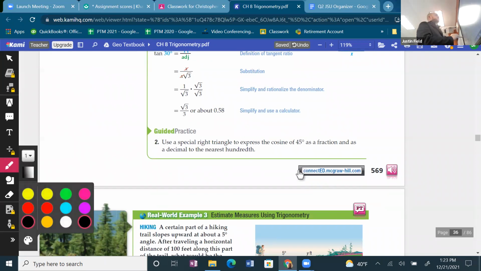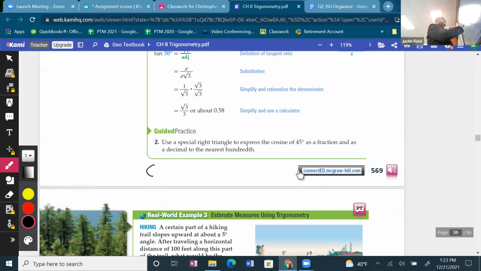Now, use a special right triangle to express the cosine of 45 as a decimal to the nearest hundredth. Cosine of 45 degrees as a fraction and a decimal. Okay, so we know that we have our 45, 45, 90, right?